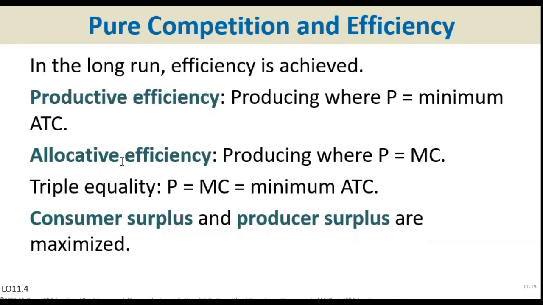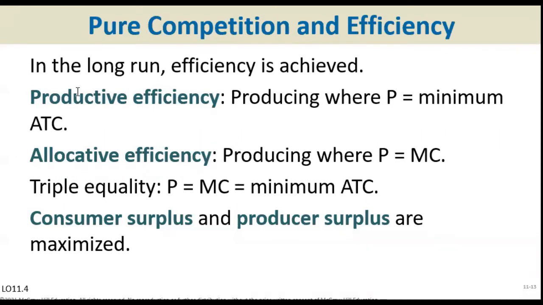right? So these two, the productive and the allocative efficiency, both of them are very important to realize the efficiency, to use efficiently the scarce resources, and produce the goods that society values the most.